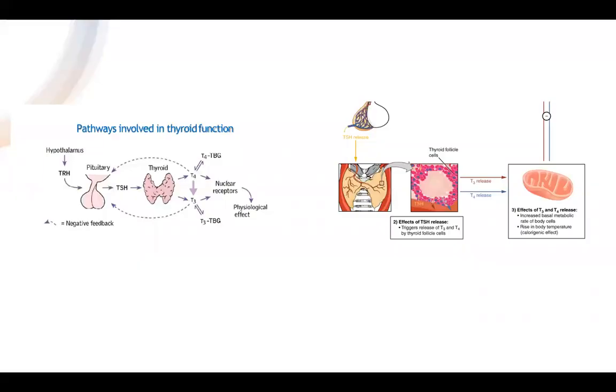Okay, so the pathways involved in thyroid function. Remember when we discussed growth hormone and prolactin last time, we start with our hypothalamus. And as you all know, the hypothalamus receives a lot of signals. These signals vary, and accordingly, there is release or inhibition of what we call TRH, or thyrotropin releasing hormone, or TSH releasing hormone.